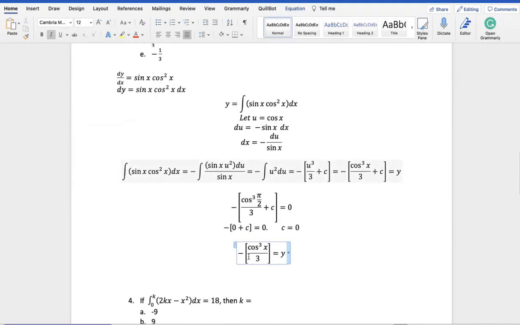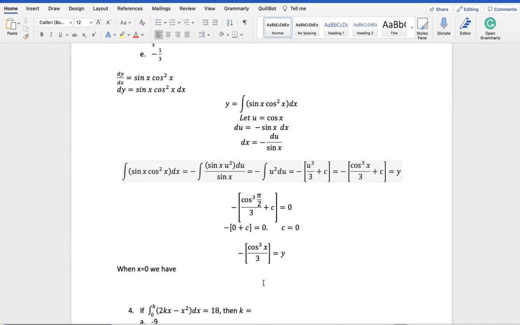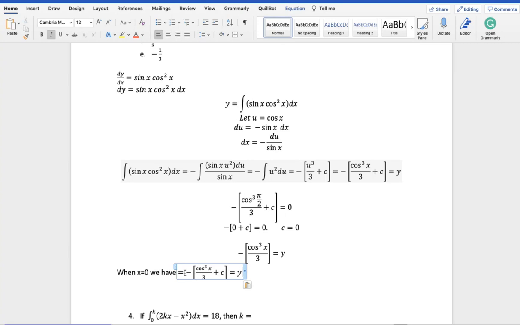So when x is equal to 0, y is therefore equal to cos of 0 cubed divided by 3. And what is that equal to?